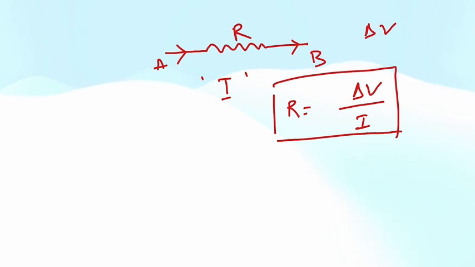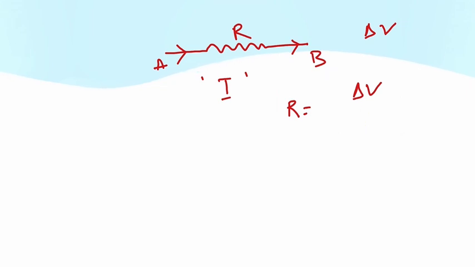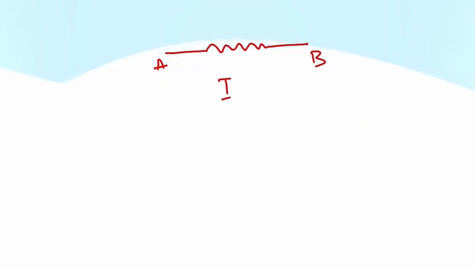So R equals delta V by I. Now if we apply this concept to the systemic vascular resistance bed and the pulmonary vascular resistance bed.